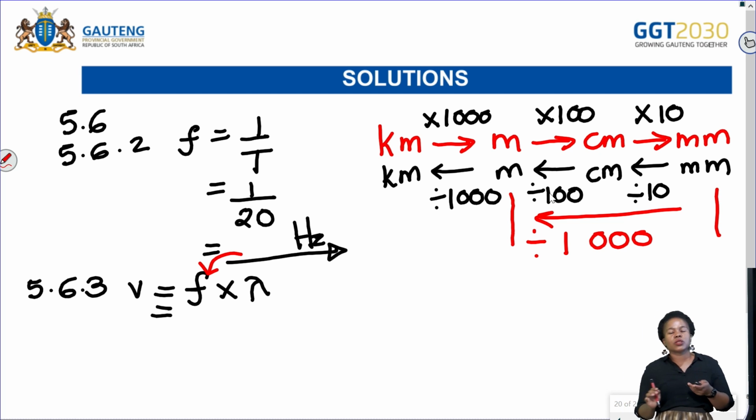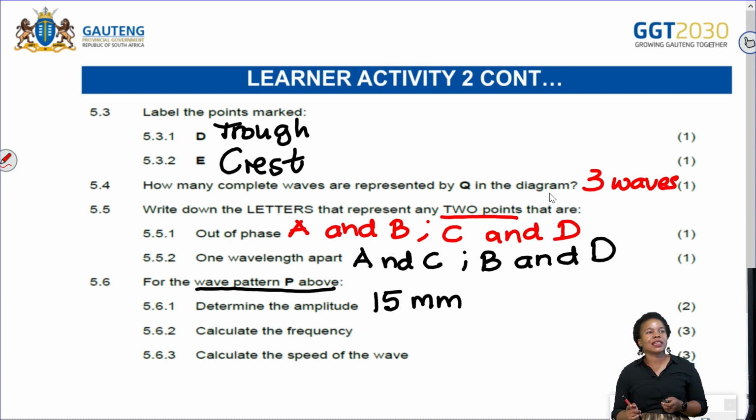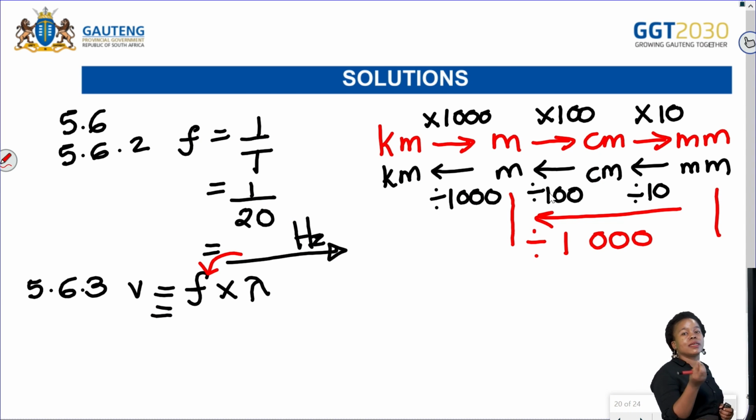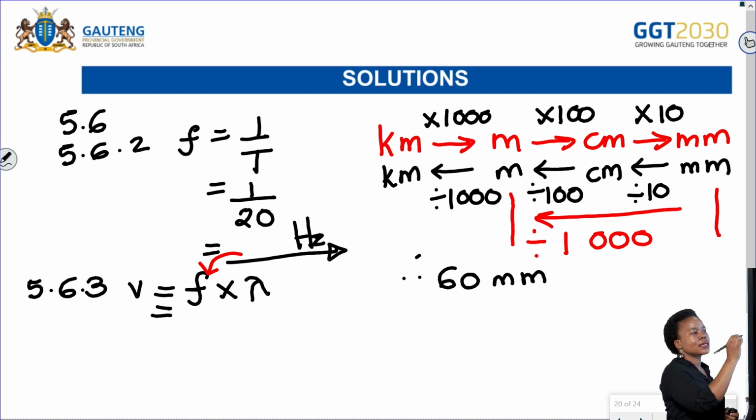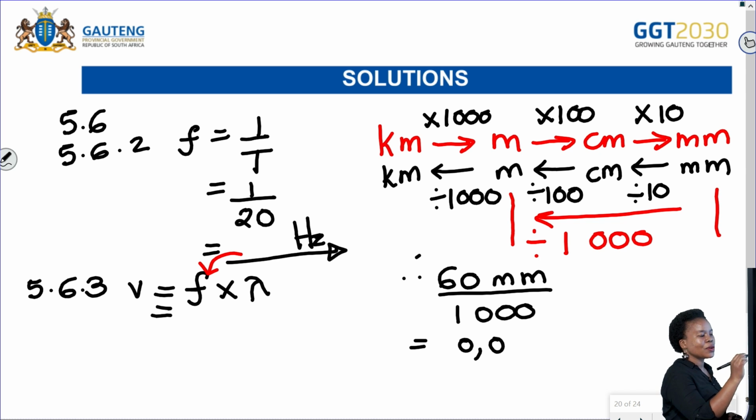So with regards to this 60 millimeters that we have here, we need to say 60 divided by 1,000 so that we can get our answer in meters. So 60 millimeters divided by 1,000, because we've jumped 3 zeros, and then we get our answer as, I do not have my calculator, I'm just doing it off the top of my head, 0,006 meters.